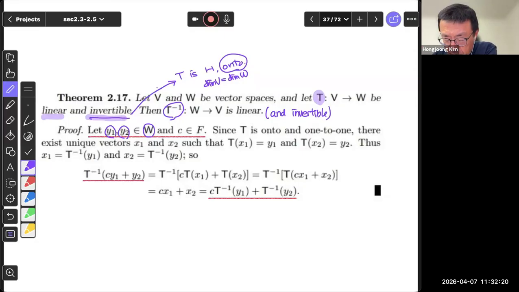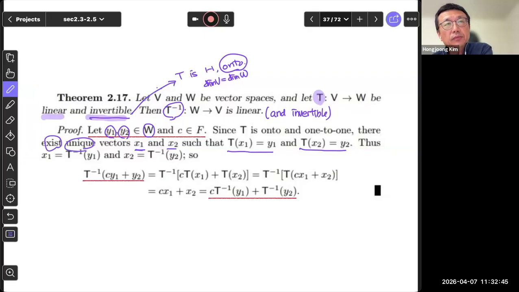So there will be two vectors x1 and x2 in V, such that T of x1 equals y1 and T of x2 equals y2, and x1 and x2 will be unique and they always exist because the mapping is invertible, meaning the mapping is one-to-one and onto, right?